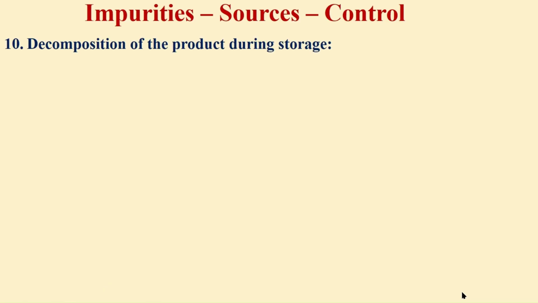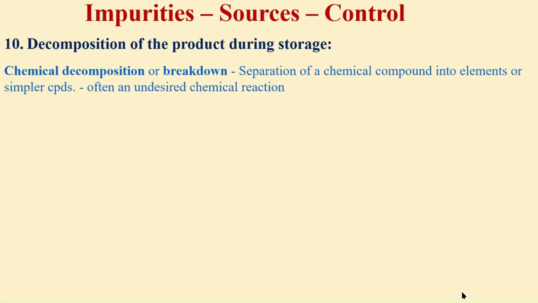Improper storage conditions may lead to decomposition of the product, which is a chemical change. This may include the conversion of chemical compounds to their elemental form or similar simpler compounds. These are often undesired chemical reactions.